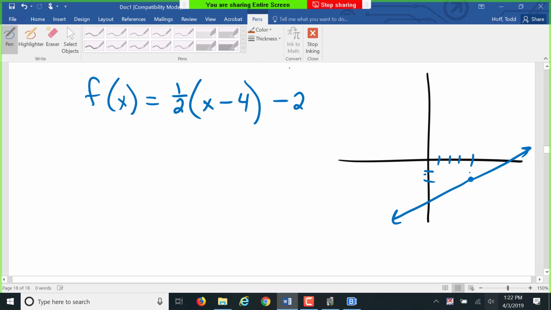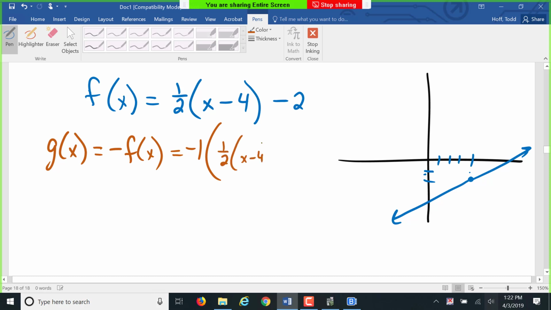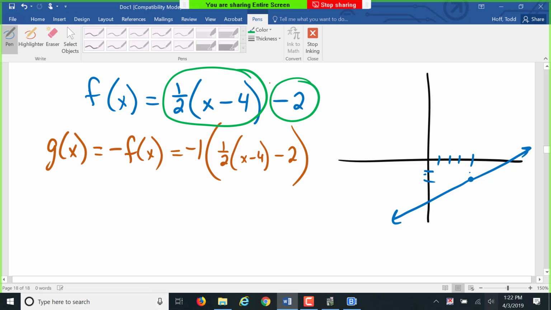If g of x is the reflection about the x-axis, g of x equals negative f of x. What that means is I multiply this whole equation times negative 1. Now this equation right now only has two pieces to it. It has this piece right here, and it has this piece here.